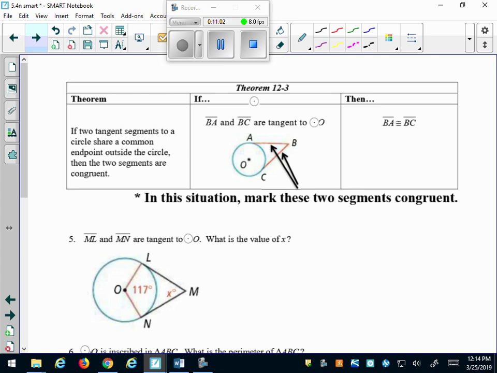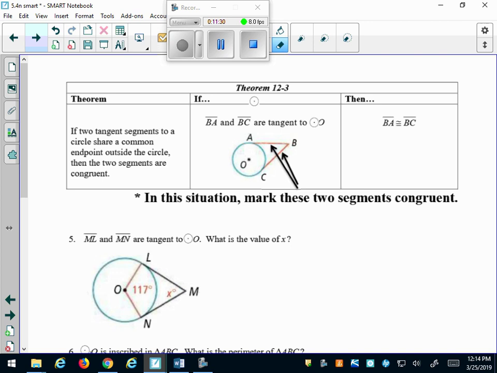So in other words, this AB is tangent to circle O, BC is also tangent to circle O, and AB and BC intersect right here at point B. This theorem says that the distance from that point where they intersect to each tangent line is the same. These two segments are congruent, in other words.